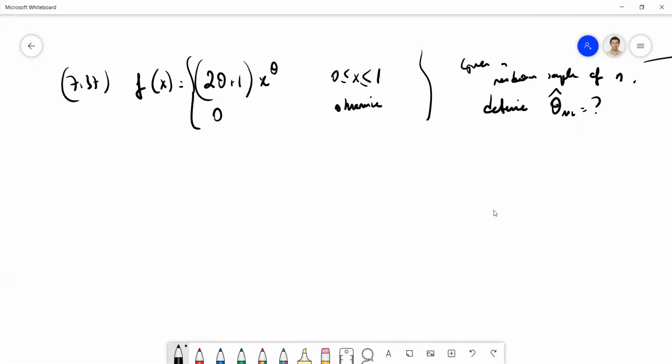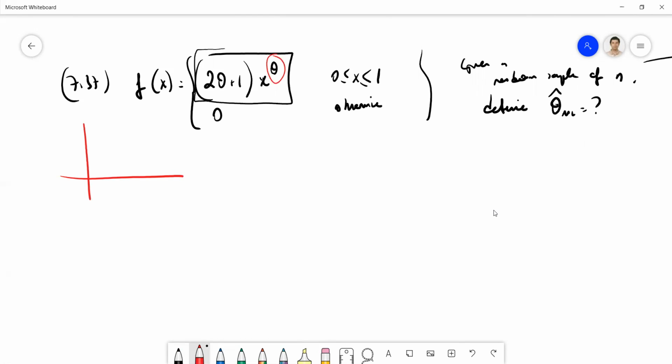And you somehow know its distribution is shown with that representation, but you do not know this parameter theta. As I said, when theta is equal to, for instance, 1, this is going to be x raised to power 1, which is going to be 3x, I guess. Yeah, but actually this cannot be.